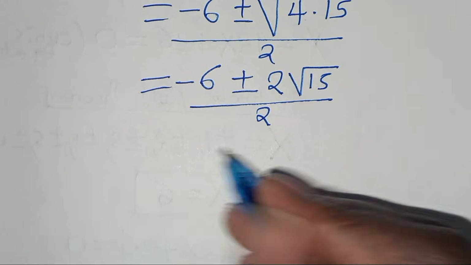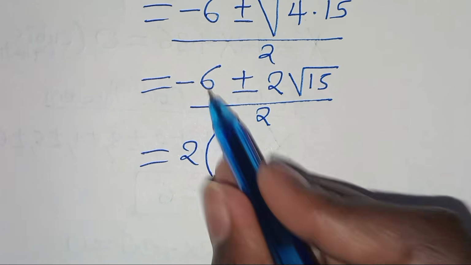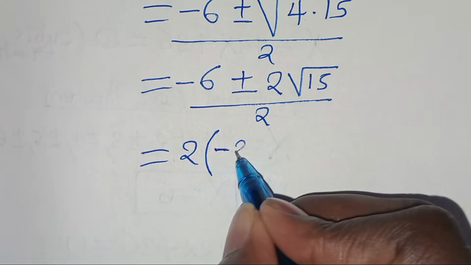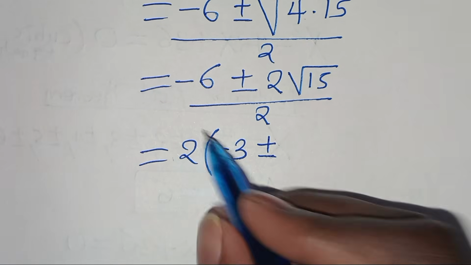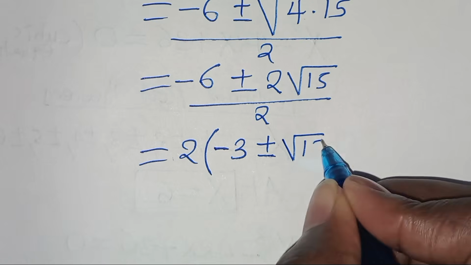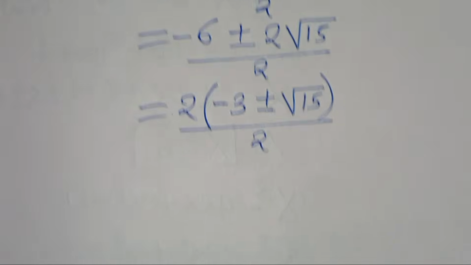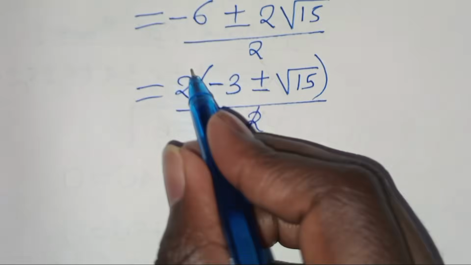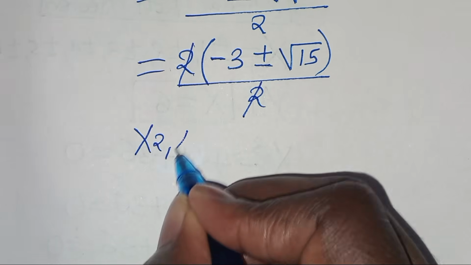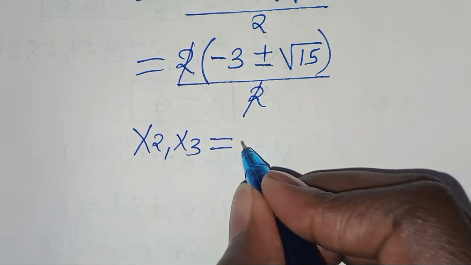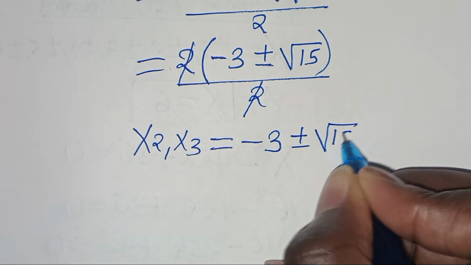In the numerator here, we can factor out 2, so that minus 6 divided by 2 is minus 3, plus or minus 2 square root of 15 divided by 2. Now we can simplify 2 and 2 here, and this implies that x2, x3 is equal to minus 3 plus or minus the square root of 15.